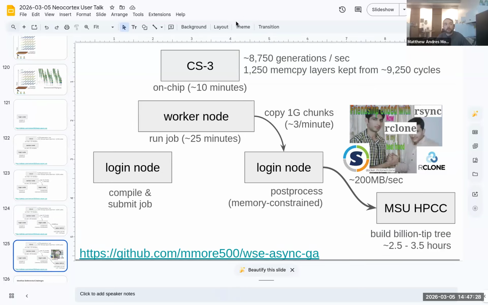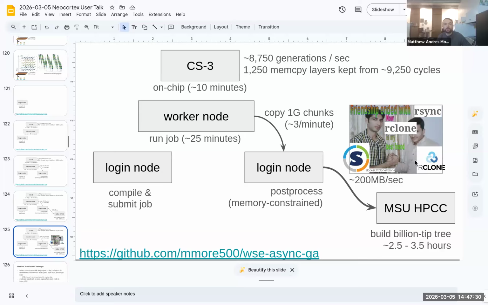In terms of a practical takeaway message that I will give to people who are setting up workflows with large data volumes on the Wafer-Scale Engine in this Cerebras Cloud context, definitely look into using rclone to get your data off of the login node and back to your home institution.